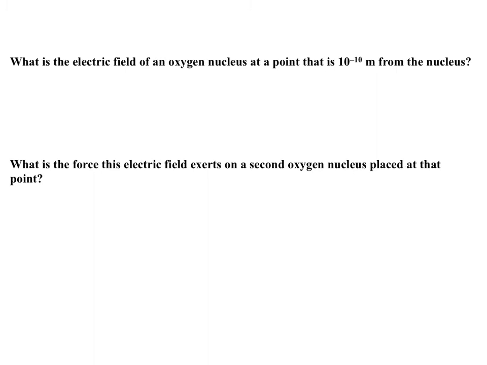Oxygen nucleus. What's the electric field of an oxygen nucleus at a point, an angstrom, away from the nucleus? All right. So E would be our kq per distance squared.